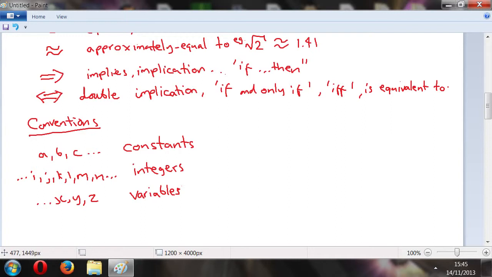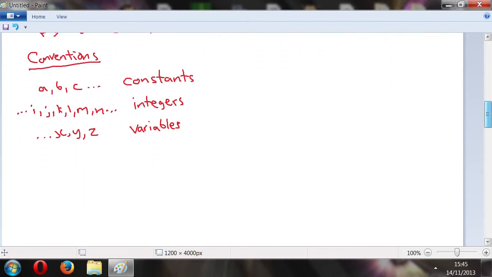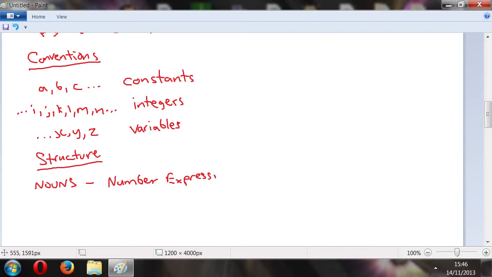So if we go back and look at the structure again, we can perhaps draw some parallels with regular talking, with spoken word. We've got nouns, and we can call them number expressions, or expressions which reduce simply to a number.